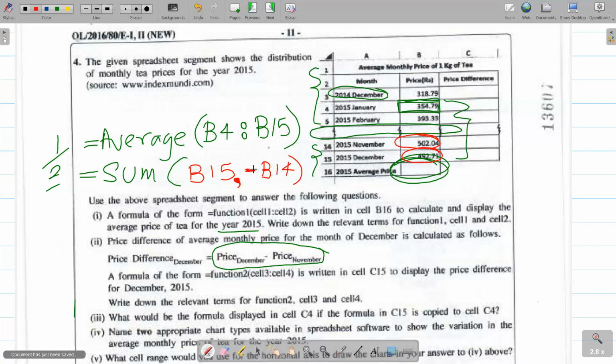The third one is asking what would be the formula displayed in cell C4 if the formula in cell C15 is copied to cell C4. They are talking about cell C4 right over here.